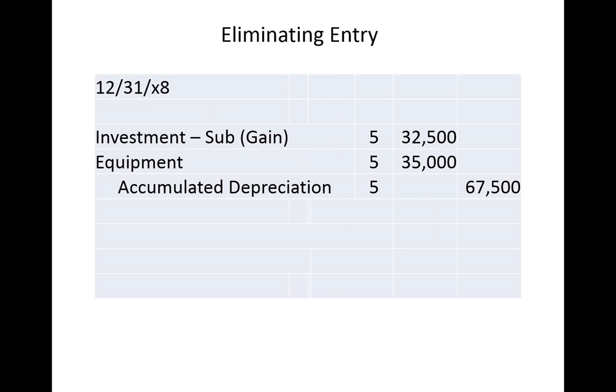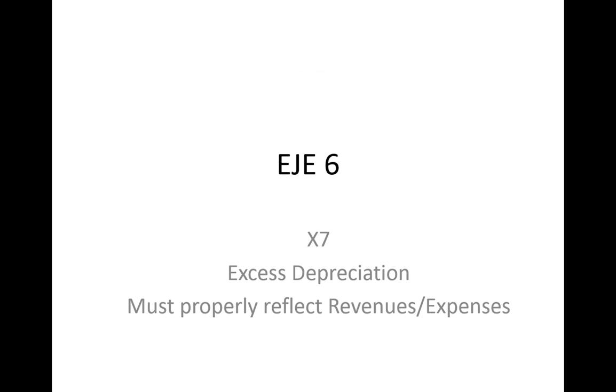And when we clean it up, it looks like this. We have another EJE that affects us as well. And the sequence here is that anytime we have an entry, and part of that entry goes to an asset or liability account, that account is going to carry forward going into the future.